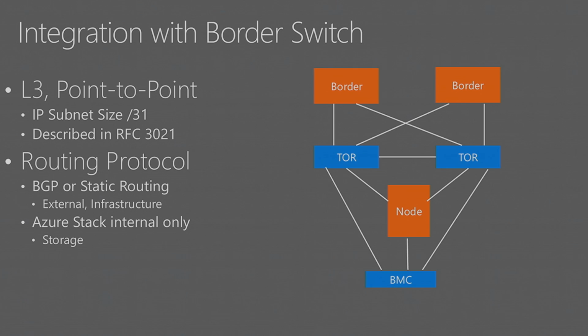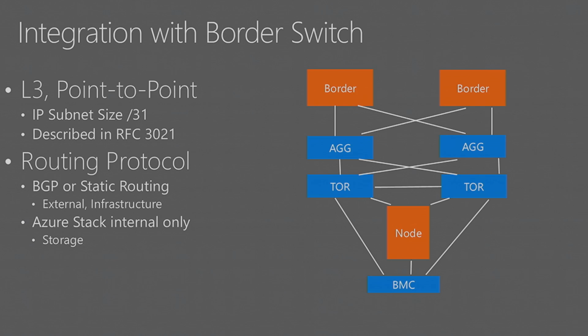Now, how do I integrate with my border switches? You see one topology here with top-of-rack switches. That can also be a topology with aggregation switches once you scale out, potentially even across physical racks. So we're following an RFC here that describes the layer 3 point-to-point connection.